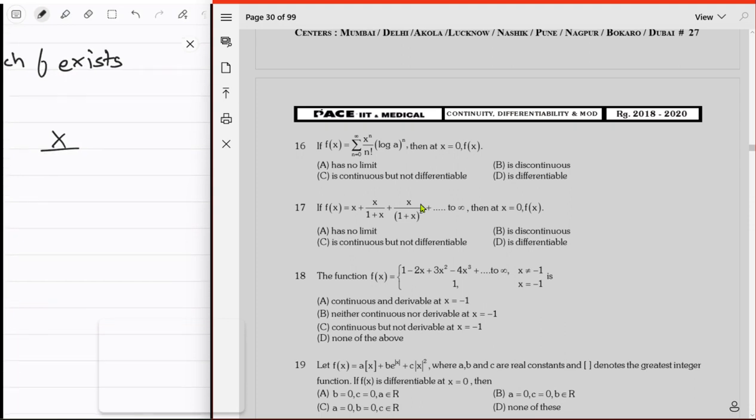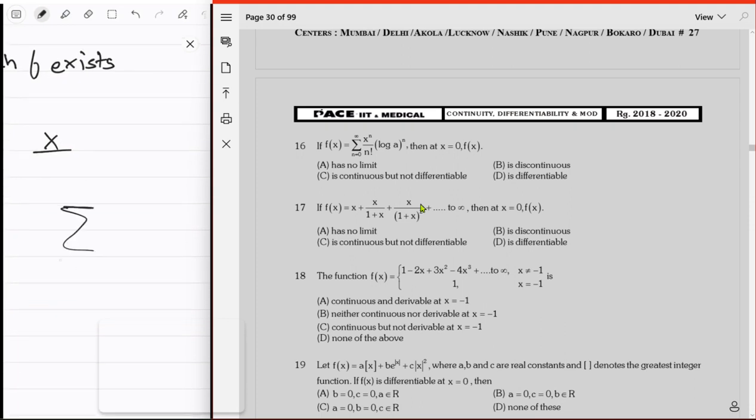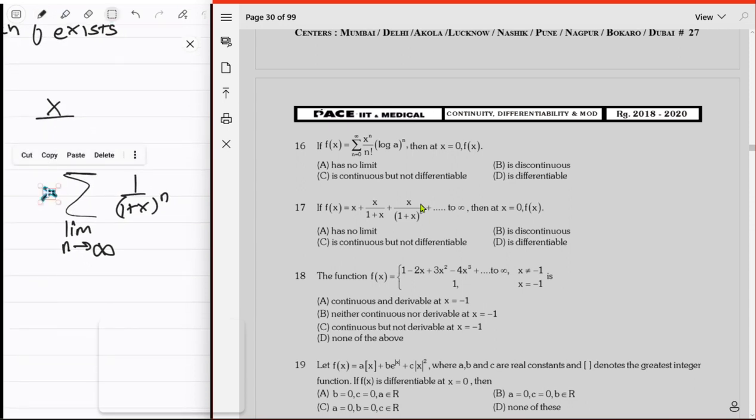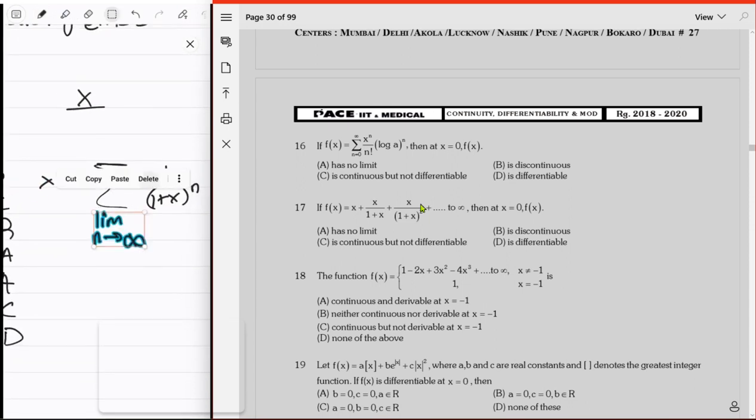So this is the sum: limit as n tends to infinity of the sum of, take that x common. The inside stuff is 1 upon 1 plus x to the power of n. Oh, what am I doing? This x, then this limit as n tends to infinity, then you have n equal to 0, starting from that till n equal to capital N.